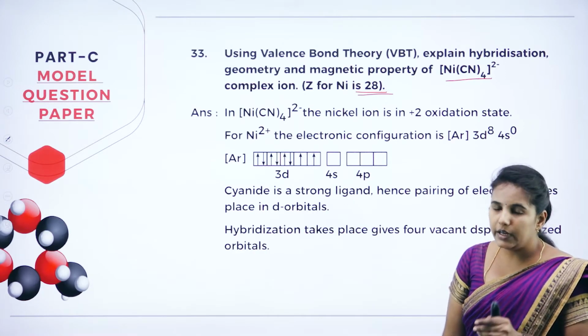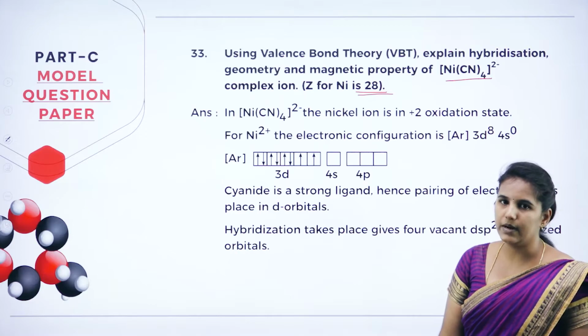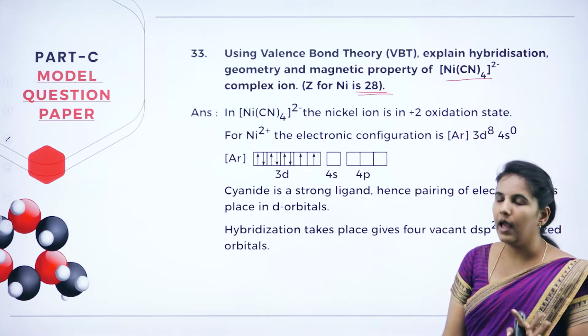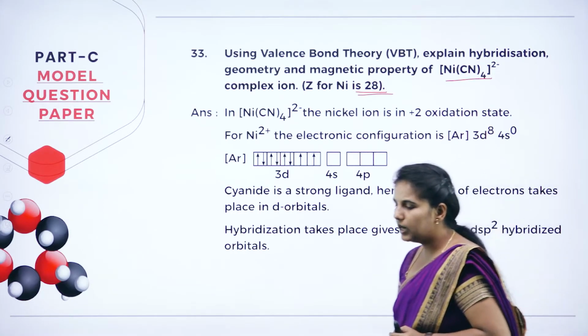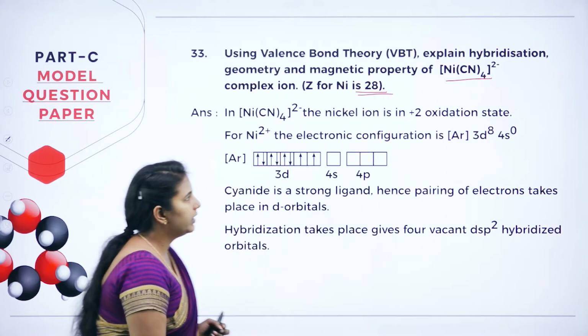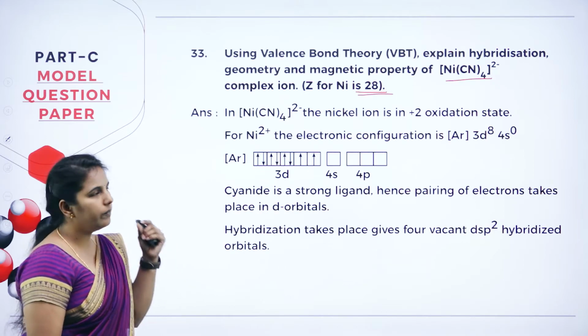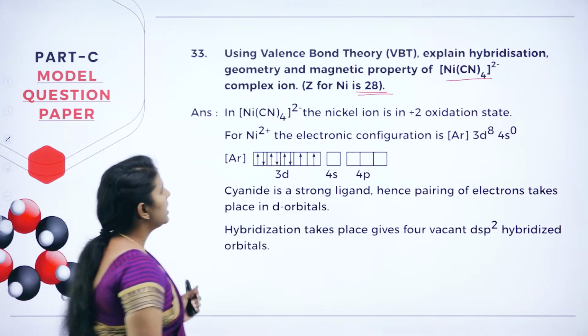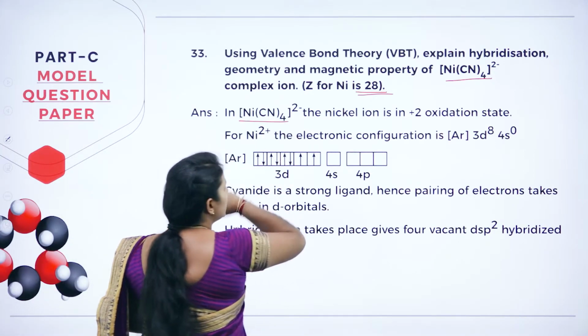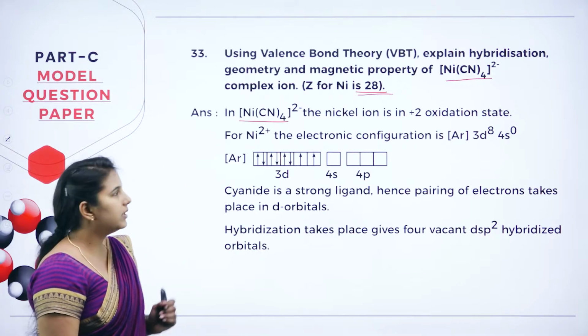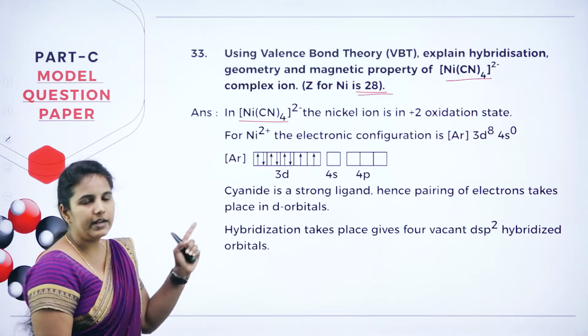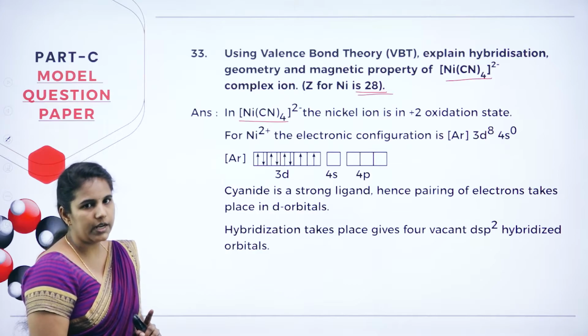Here, you need to say what the hybridization, the geometry and the magnetic property are. Before that, first write the complex given in the question and say what the oxidation number of the central metal atom is. Here the central metal atom is nickel and it has +2 oxidation state.